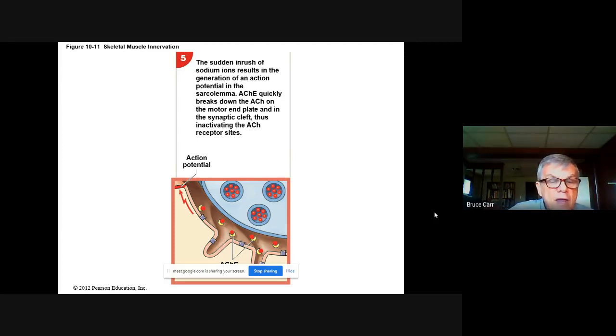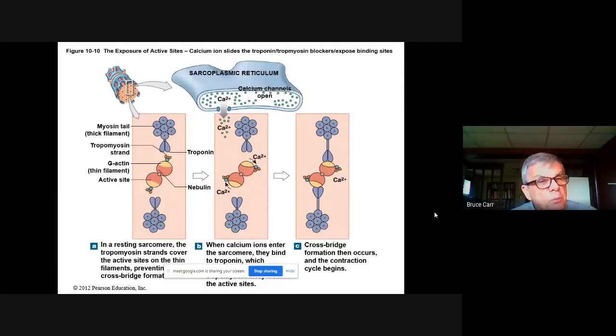So let's follow that impulse into the fiber. We took it to the opening of the T-tubule and down around. You can see in the upper left how the yellow T-tubule wraps around the sarcoplasmic reticulum. And on the left, that bar shows what is inside before the nerve impulse gets there.